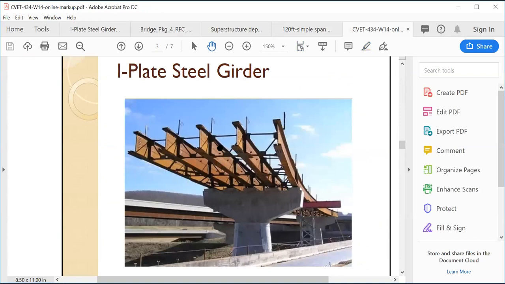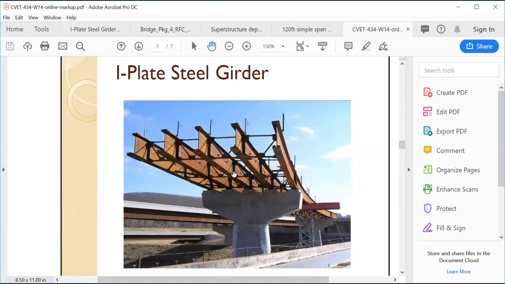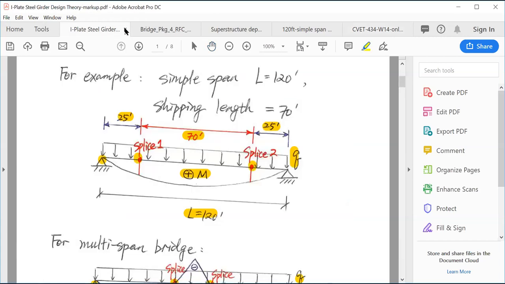And here, those truss type of structure is called cross frame and provide some lateral support of the long girder. Okay, and usually the spacing is between 20 and 25.